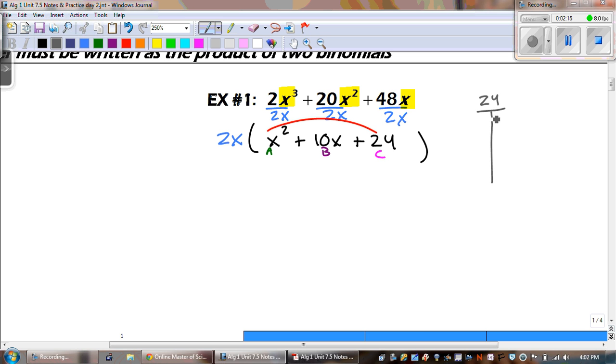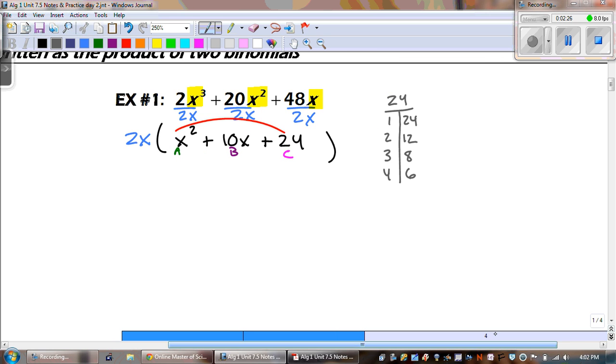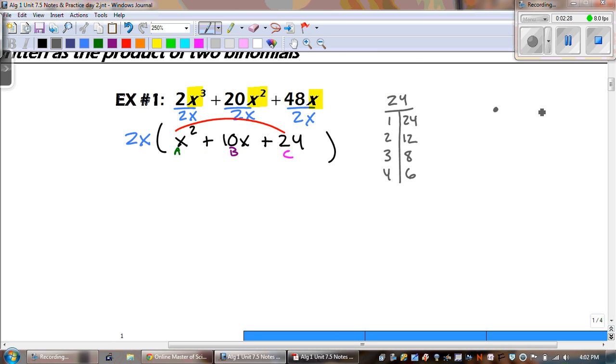And then we list all the factors of 24, which is 1 and 24, 2 and 12, 3 and 8, 4 and 6. So we're looking for numbers that multiply to get to 24 and add to get to 10.